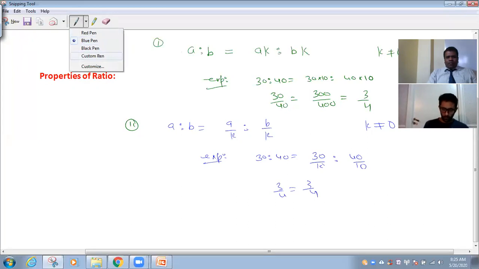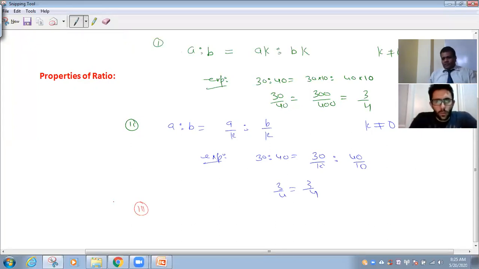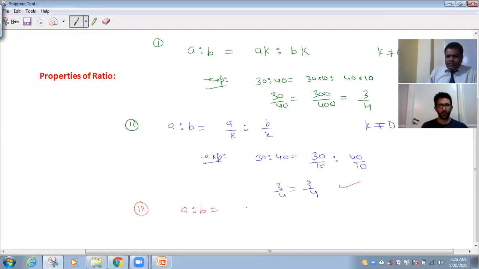Take care of one thing here. The same is not valid for addition and subtraction. I'm saying the same is not valid for addition and subtraction.